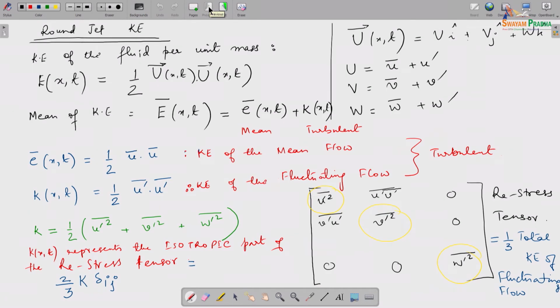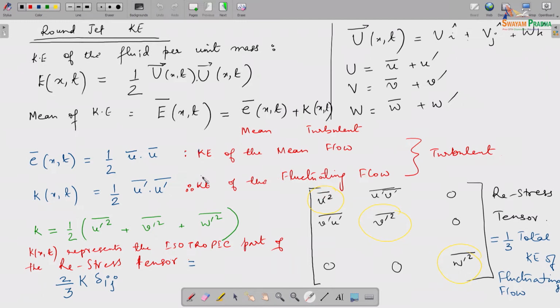Okay, so essentially for the round jet, we have written out the energy per unit mass, and we wrote the mean kinetic energy as a mean part and a turbulent part, right. And we see that this turbulent part actually represents the isotropic part of the Reynolds stress tensor.